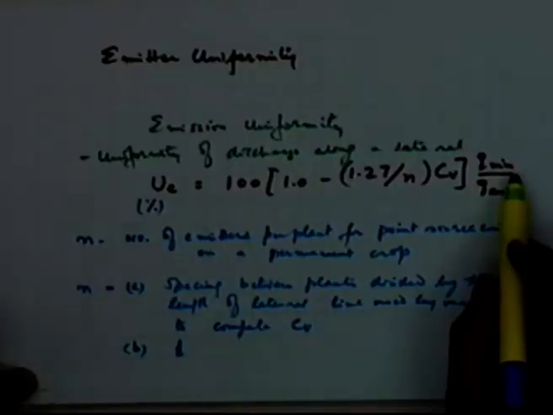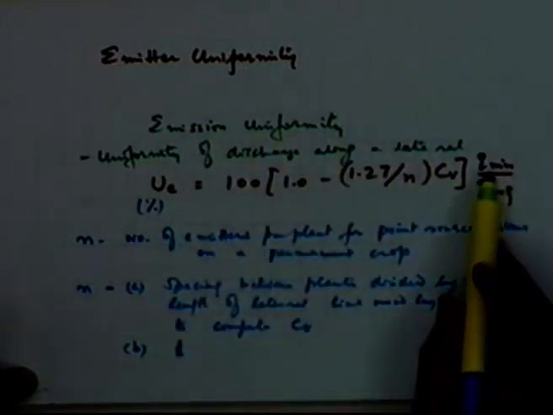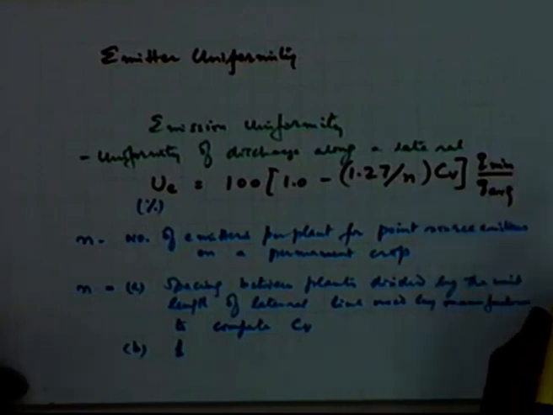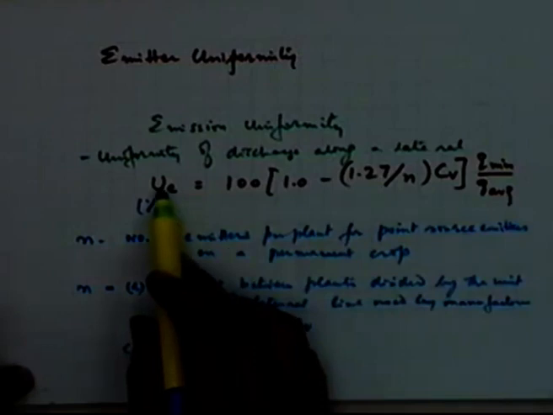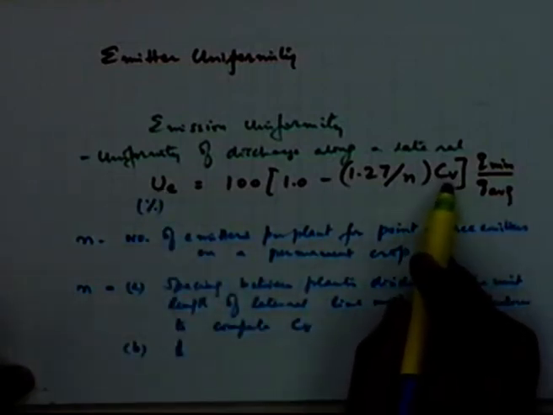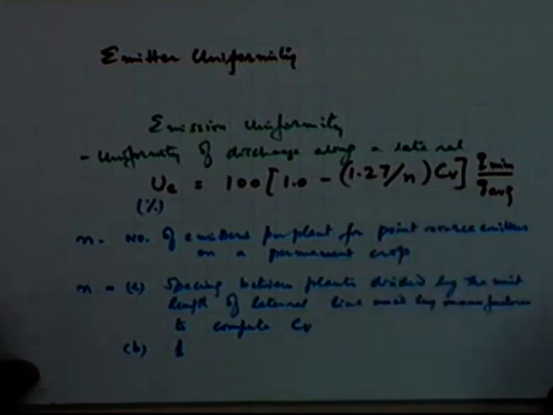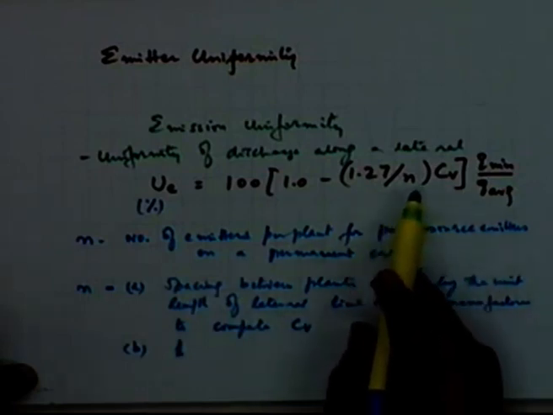That means if you know the various quantities, if you know what is the minimum discharge which is prevalent in a particular setting, and what is the Q average, you can find out how much is the emission uniformity, provided you also know the value of CV, and the type of system which you have adopted.